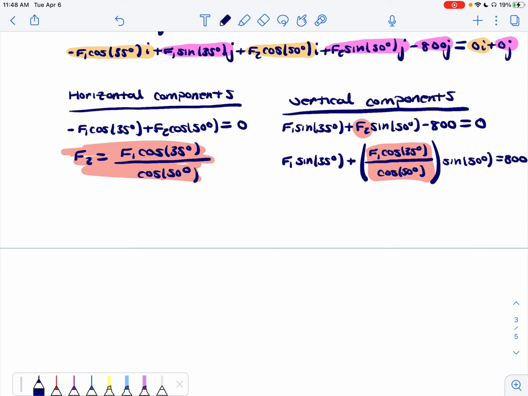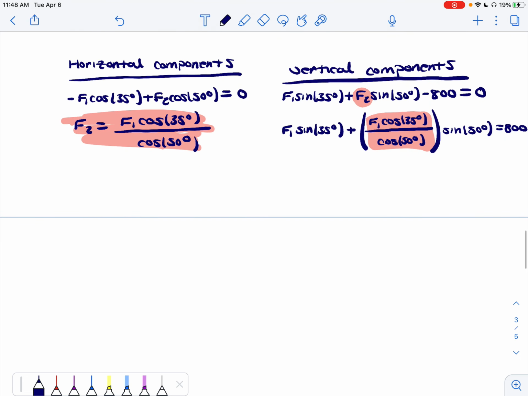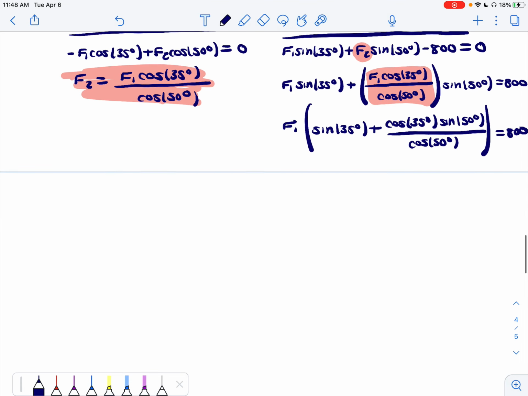Now we're solving for F1, so I'm going to factor my F1 out of this equation. That gives us sine of 35 degrees plus the cosine of 35 degrees times the sine of 50 degrees all over the cosine of 50 degrees, all multiplied by F1, and that's equal to 800.